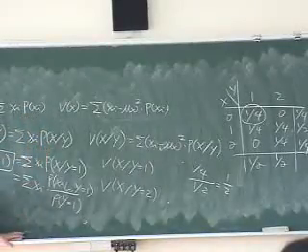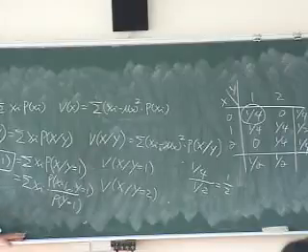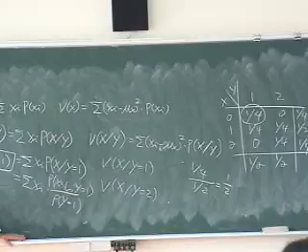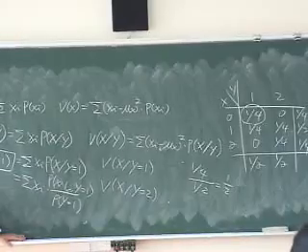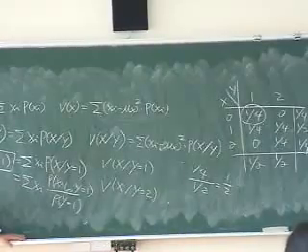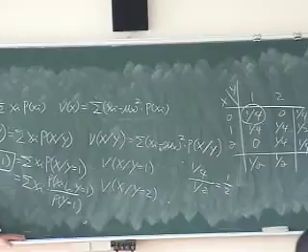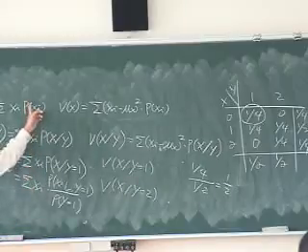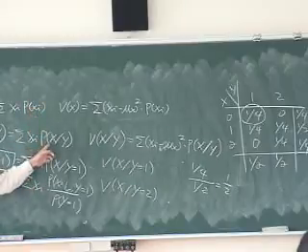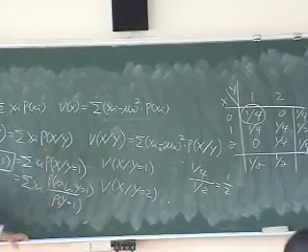Any questions so far? The only difference between expectation and conditional expectation, variance and conditional variance, is the probability. For the first part you use probability, for the second part you use conditional probability.